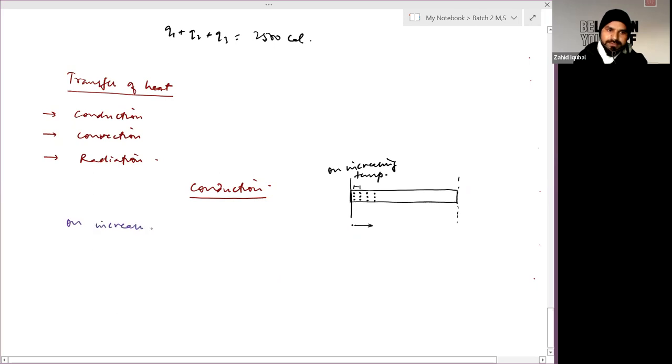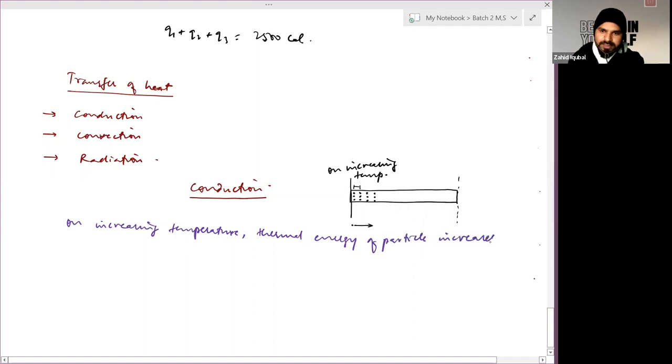So you'll write: on increasing temperature, thermal energy of particles increases, so they can vibrate to a longer distance.